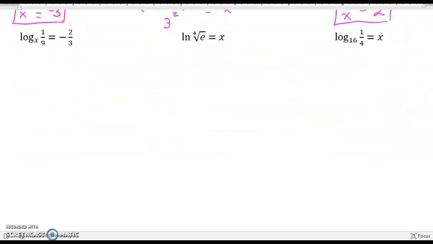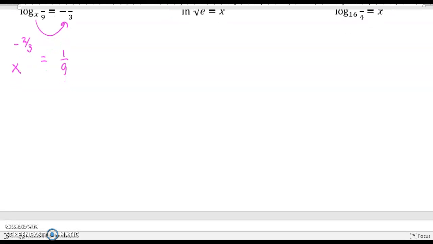Next problem, we've got x to the -2/3 power is equal to 1/9. Okay, so let me do this one a little differently.